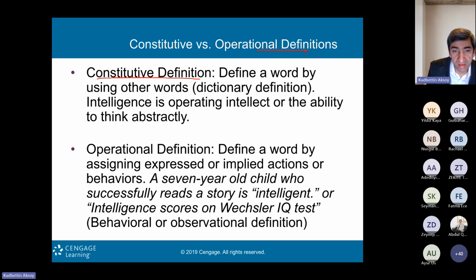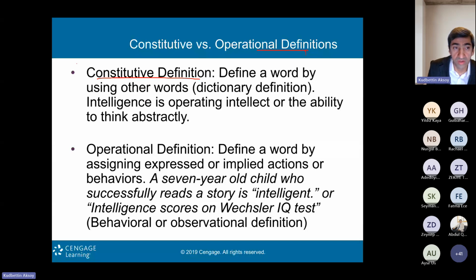For instance, intelligence is operating intellect or the ability to think abstractly. Or you could say intelligence is an individual's capacity to deal with original problems. Defined with words. You are explaining one construct, one special concept, with other words.